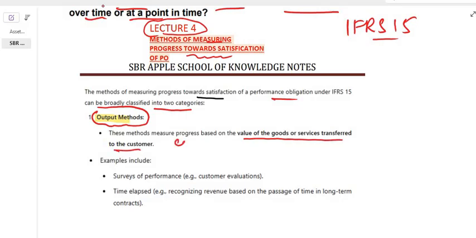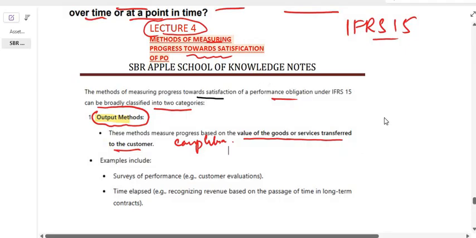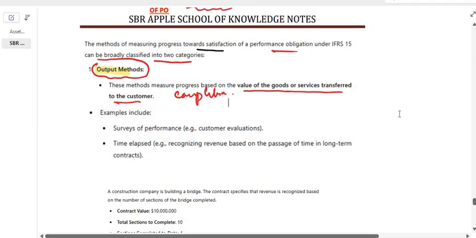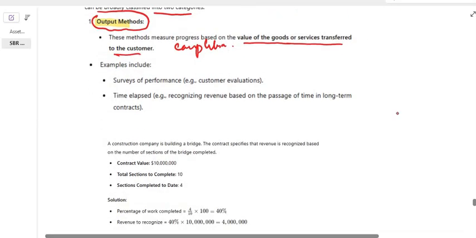It means the completion which is transferred to the customer should be included in output method. Examples are survey of performance, time elapsed, and revenue recognized based on the passage of time in a long-term contract. So here we have an example.